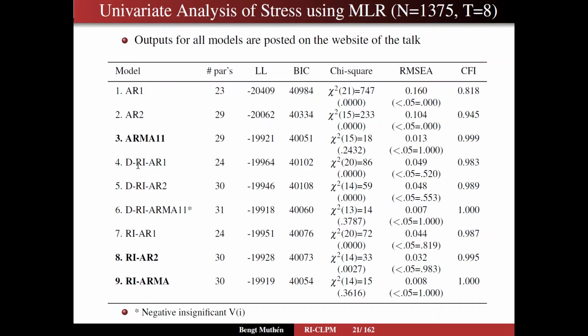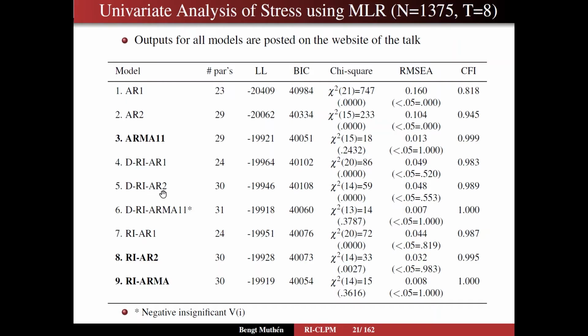Now we can add a random intercept to these models. A random intercept added to model 1 gives you 1 more parameter, 24 instead of 23, and the log likelihood is better. It's not as good as the ARMA model. The BIC is better than the AR models, but not as good as the ARMA model. And the chi-square then gets a p-value of 0 here.